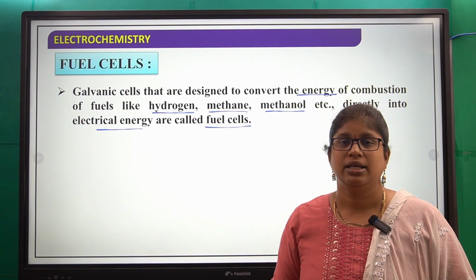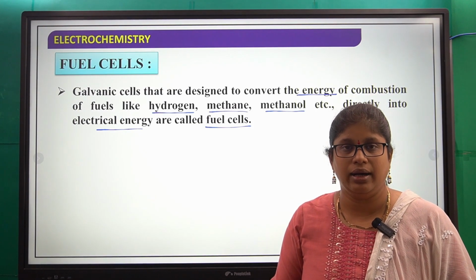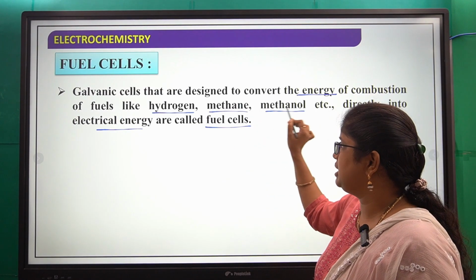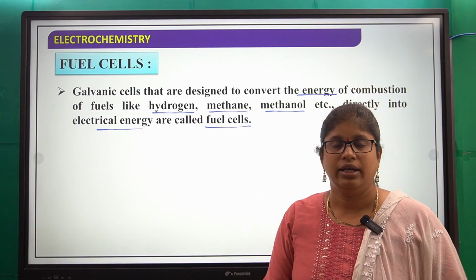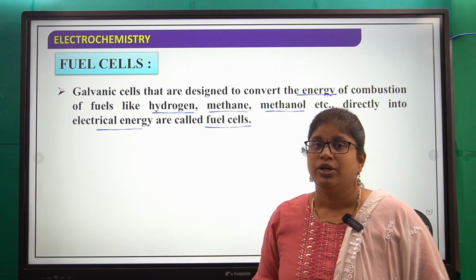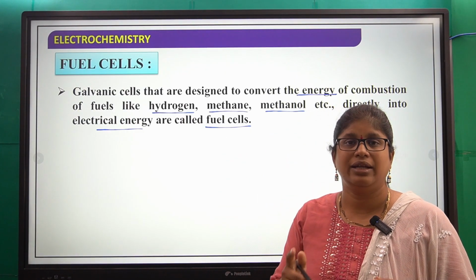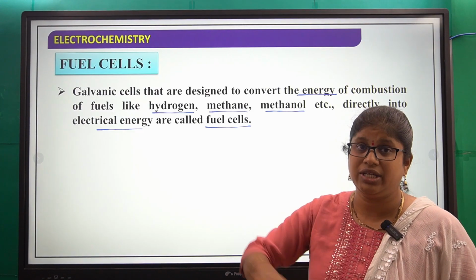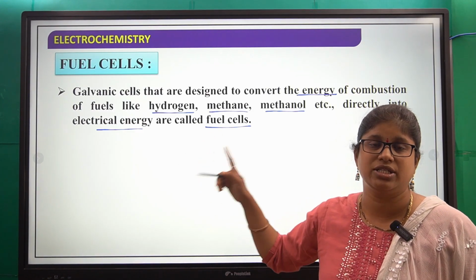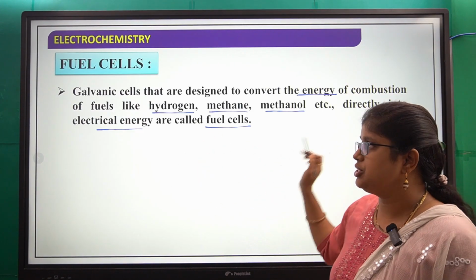That means first we are burning a combustible substance like methane or methanol, and it releases some energy. So these fuel cells directly convert the energy released in these combustion reactions into electrical energy.